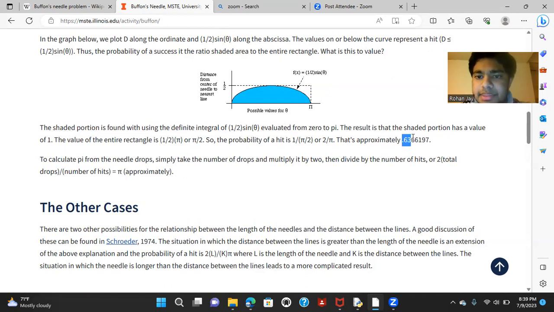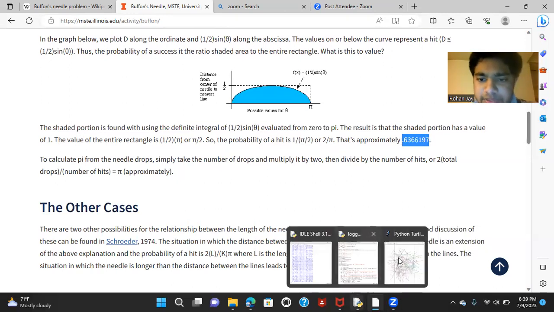So using this and this, we can reverse engineer this so that basically we divide 2 by the probability, which is what we're doing here.